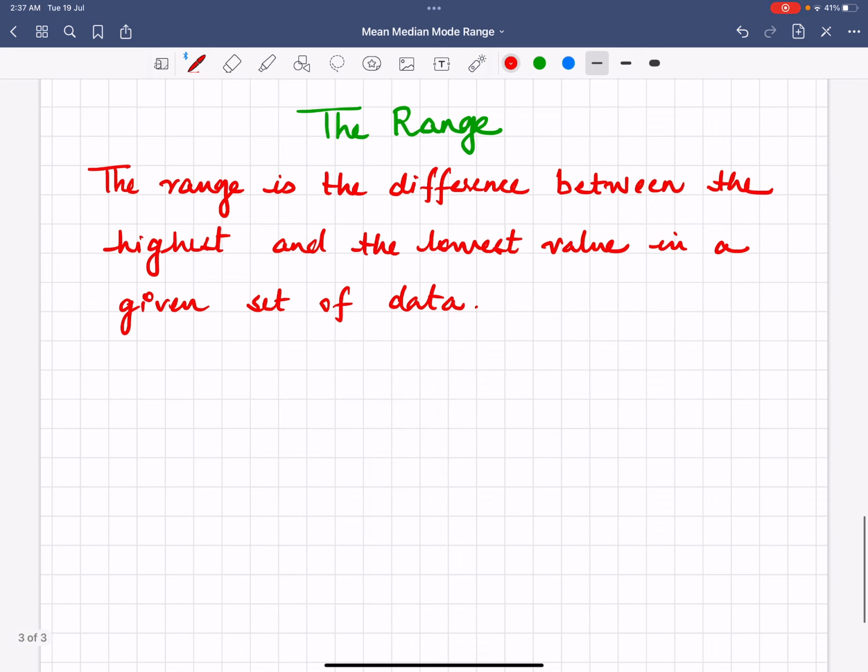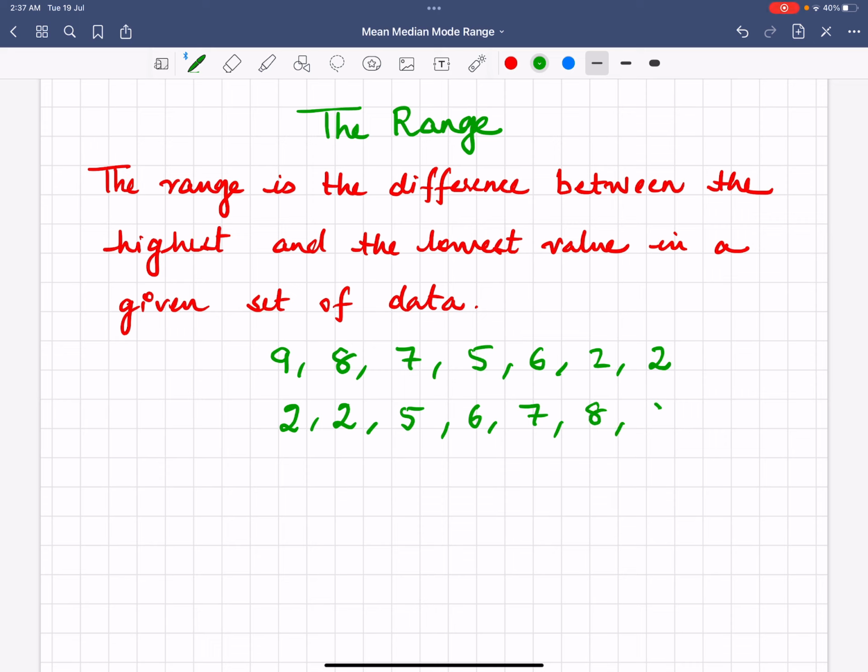Okay, so that's the definition of the range. Let's start by writing one example. So I have the numbers 9, 8, 7, 5, 6, 2, 2. It's always easiest to arrange numbers in ascending order so we can see them more clearly. The numbers in ascending order are 2, 2, 5, 6, 7, 8 and 9.